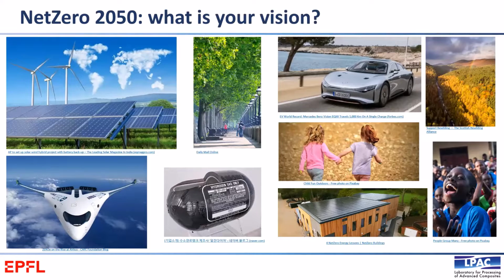So there's a lot of negativity around climate change, but what's your positive vision for 2050 for a net zero scenario? How could we improve things in the future? Well, we might be generating a lot of power from photovoltaics and wind energy versus burning coal and gas today. We might be sitting in a hydrogen-powered aircraft.